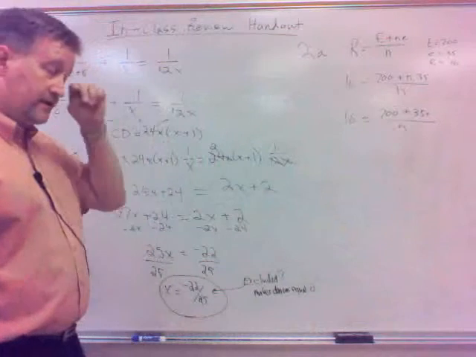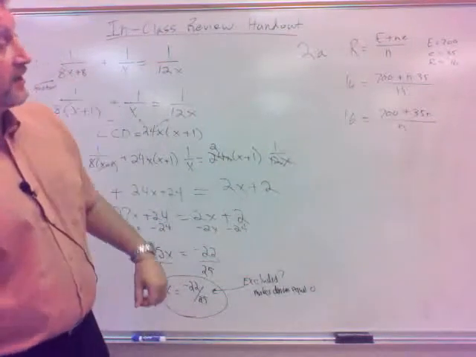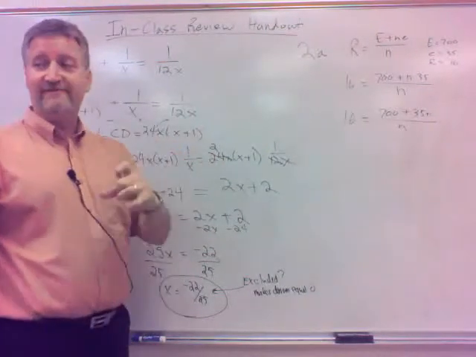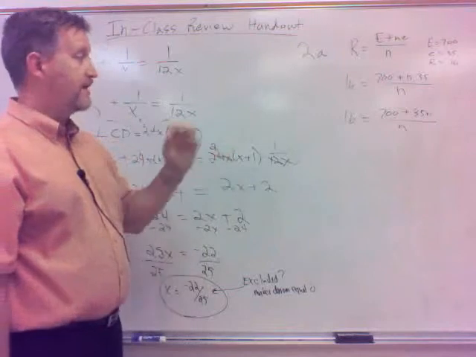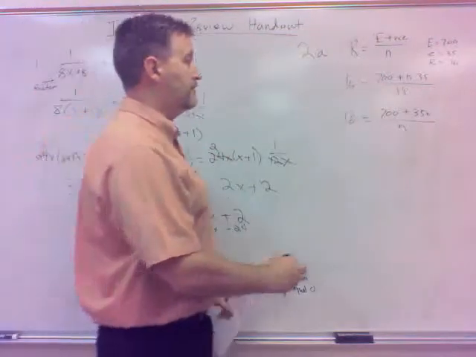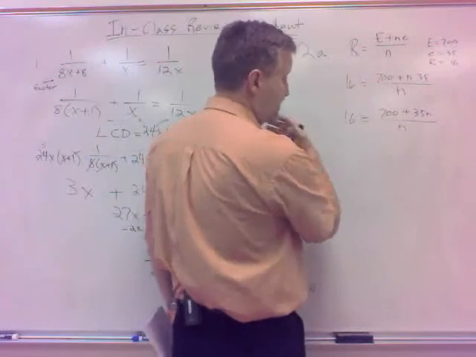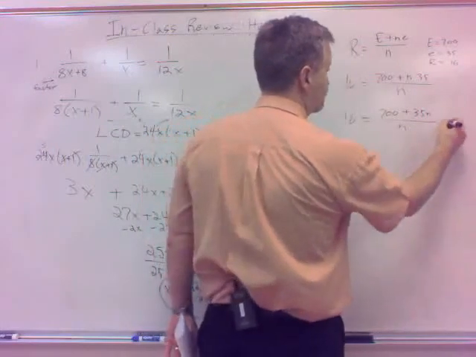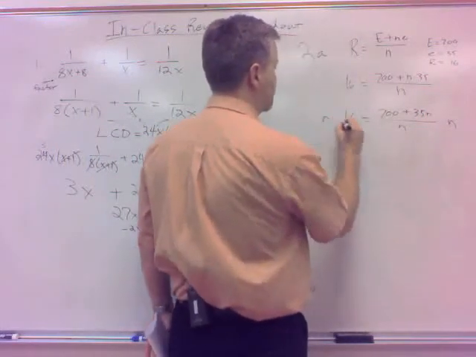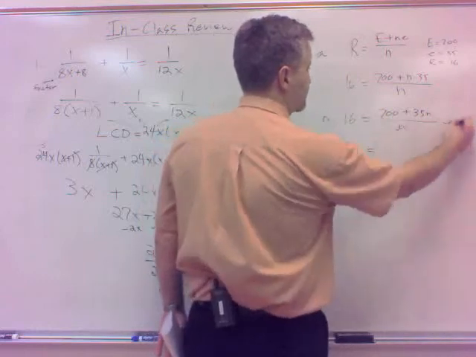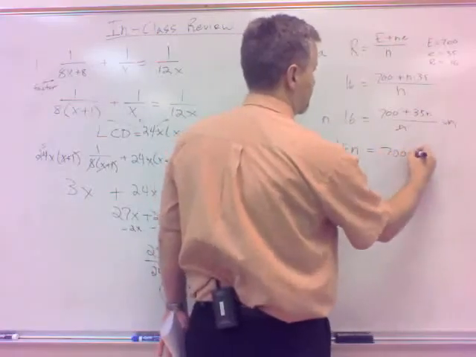You can do that a number of ways. Does anybody have any thoughts? Multiply by n, okay? If you think of it in terms of the LCD being n, just multiply by n on both sides. So that would be 16n equals, because that will cancel that n out. That is one way you can see it.